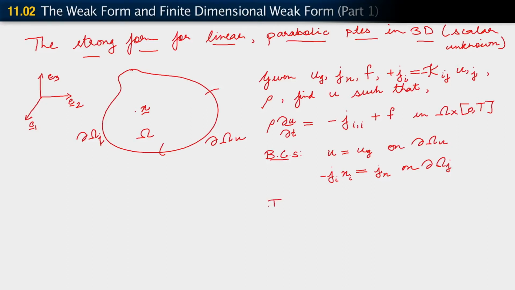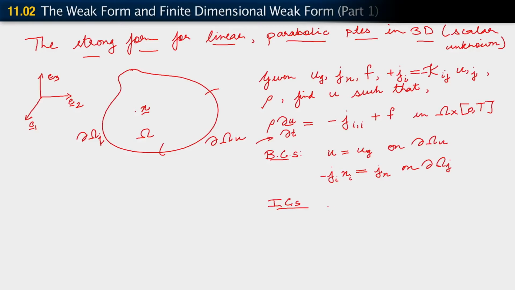Additionally, we made the point that we need initial conditions, right, or an initial condition. Here, we have only one initial condition because of what? Do you recall? It's because our problem has a single derivative in time, right? It's first order in time.